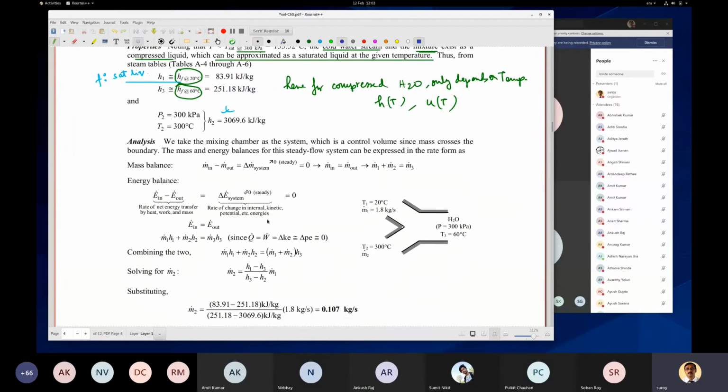Once you find out the property, we have two inlets and one outlet. So you know how much is coming in. What is your control volume? This will be your control volume.